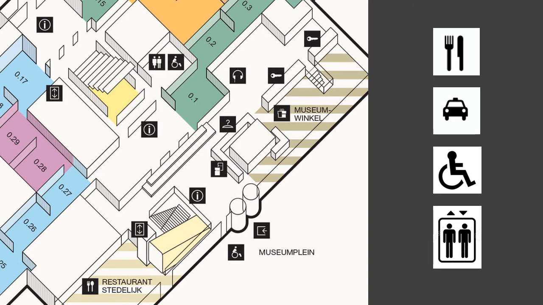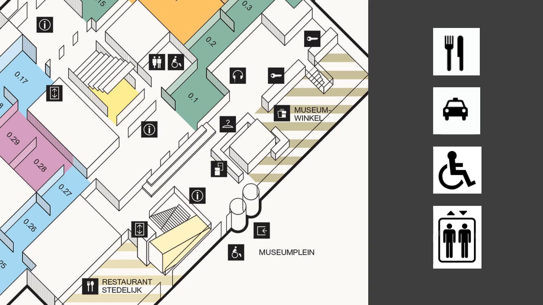So there again is a museum map, and you can see all kinds of those pictograms that were developed by the DOT in the 1970s that have since been taken up internationally. This is a museum map from Europe.